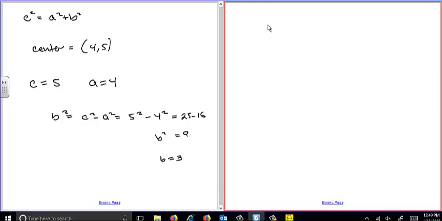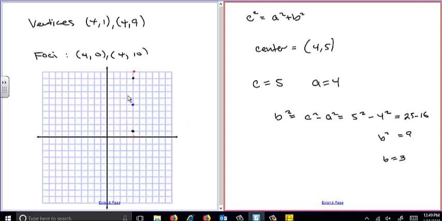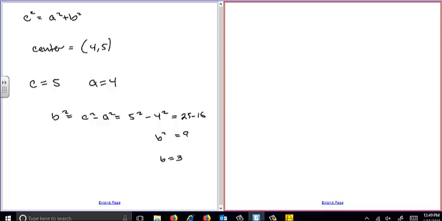What I have is I'm going to have x. Well, let's see. Do we do x first or y first? Well, because it's a vertical transverse axis, I put y first. So it's going to be y minus 5 squared divided by a squared, which is 16, minus x minus 4, quantity squared, because I have a center here at x equals 4.